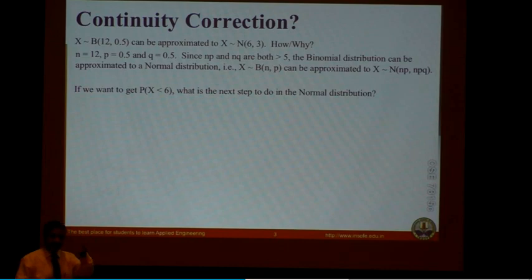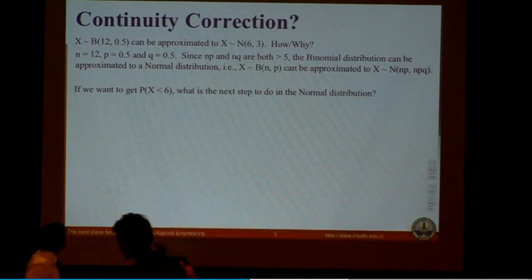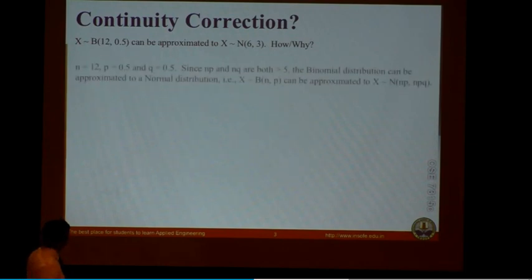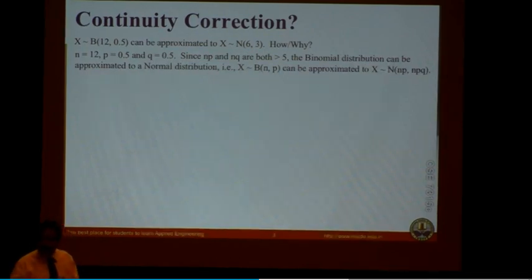So if I do that, how do I get that answer? I am writing x less than 6. If x equals 6, then 6 minus 6 divided by square root of 3, this is variance, so z-score requires standard deviation, but anyway, 6 minus 6 is 0.